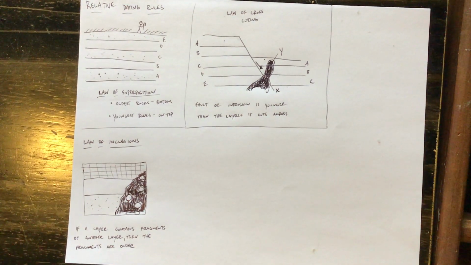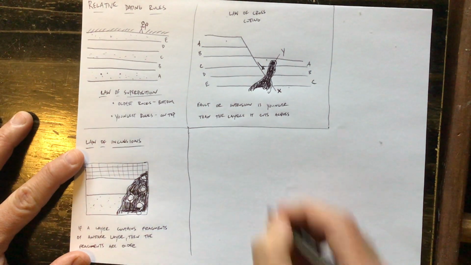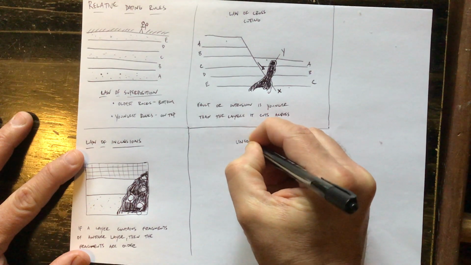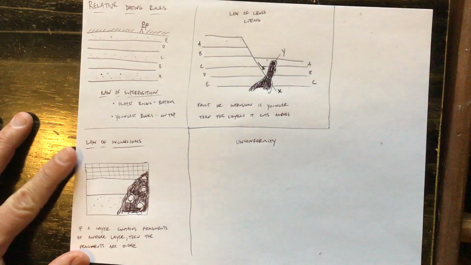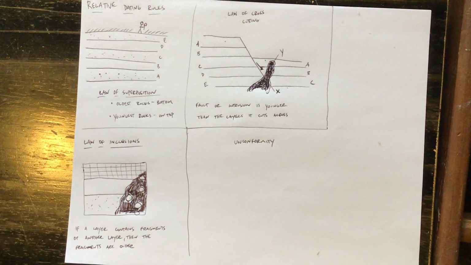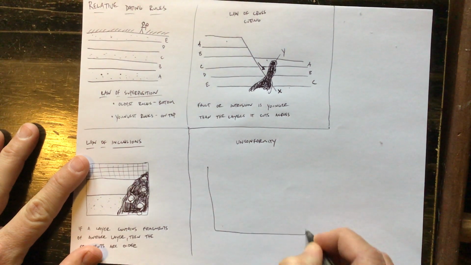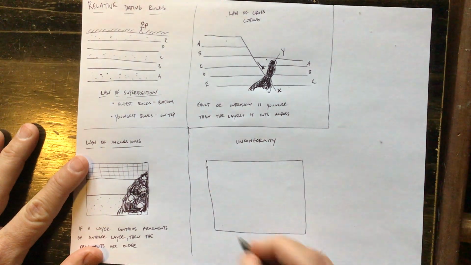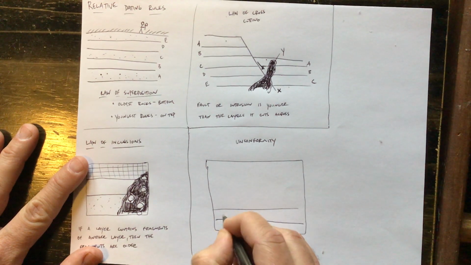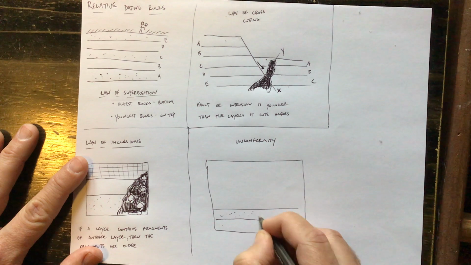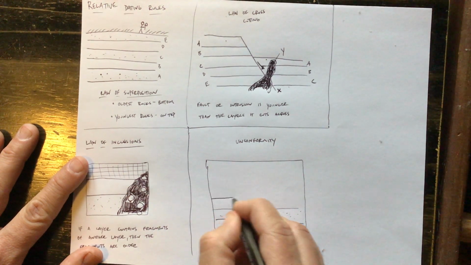And then the last one that we're going to draw is something called an unconformity. So what an unconformity means is you have sedimentary layers that are mostly perfectly flat with one another, having formed as sedimentary rocks.